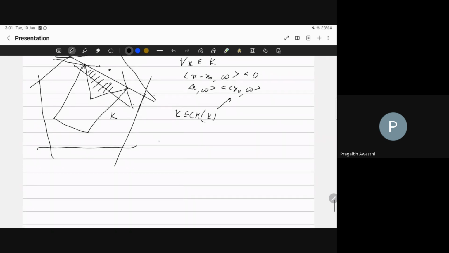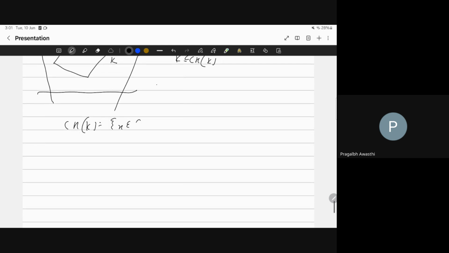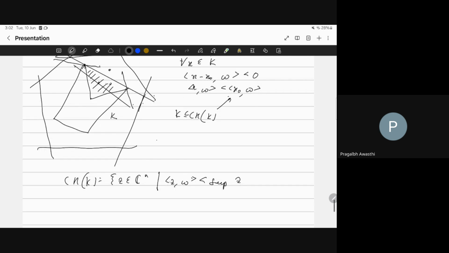So an equivalent characterization is this: the convex hull of K is all z belonging to Cn such that z comma w is less than the supremum of, so this is the maximum value that we can take over the entire K, right?